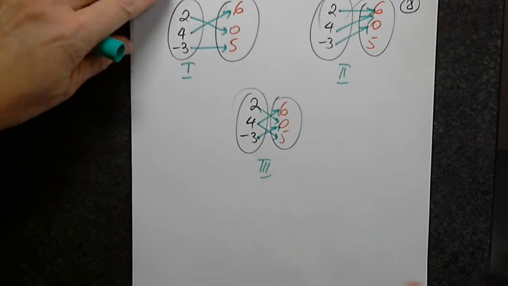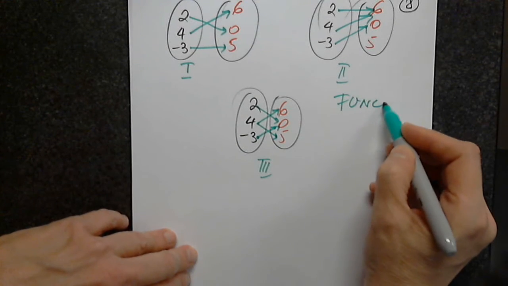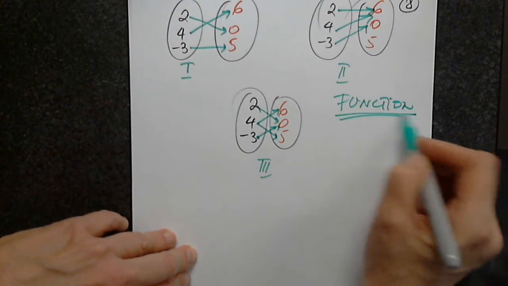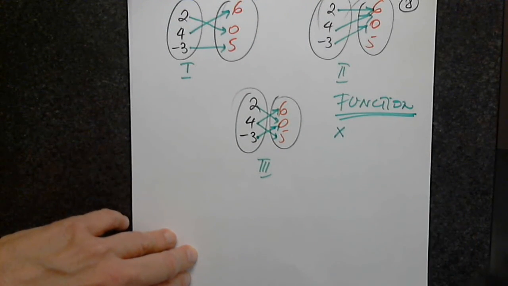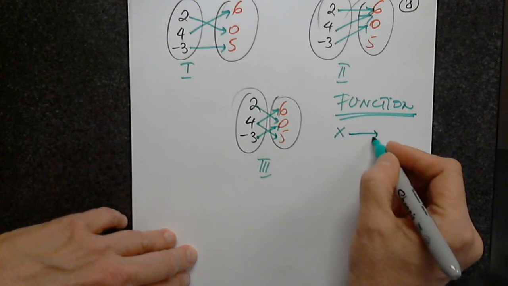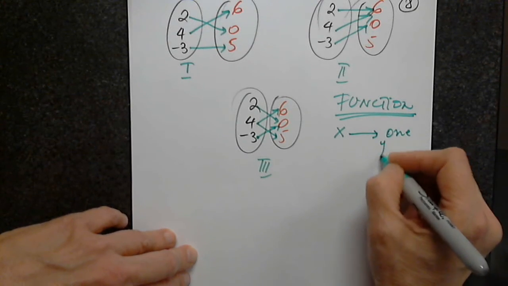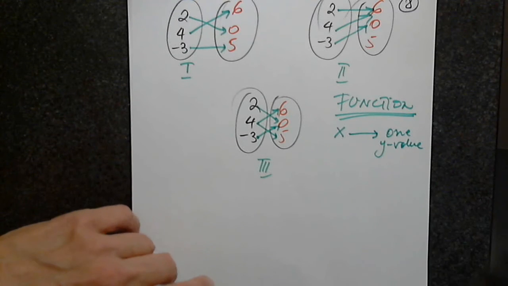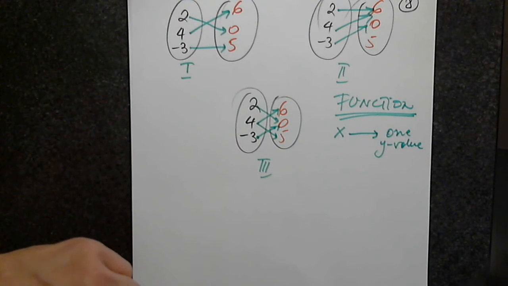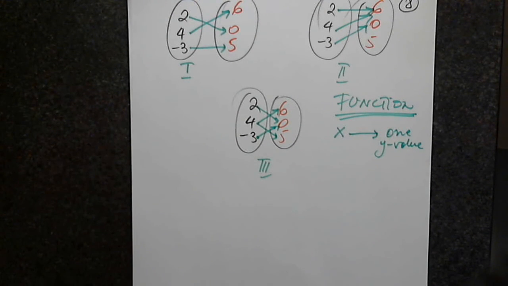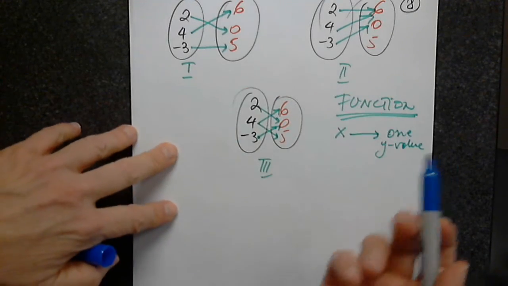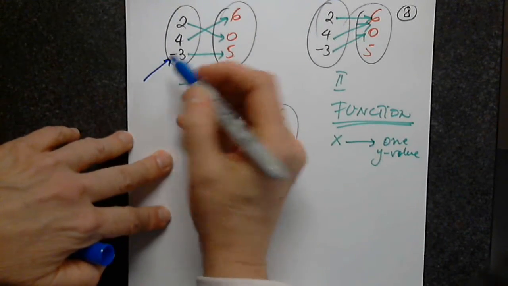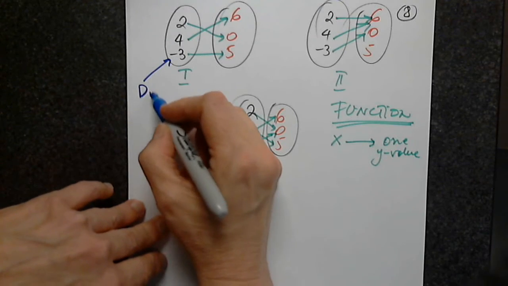So the definition of a function says that each x value must correspond to one y value for this to be a function. Otherwise, it will be a relation. Obviously, the first set is called the domain.